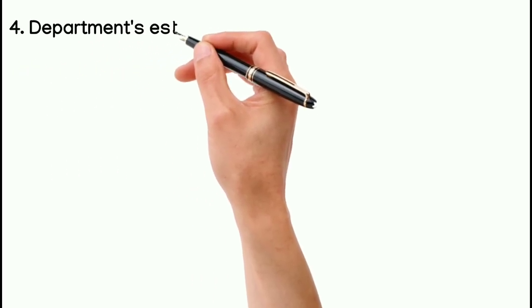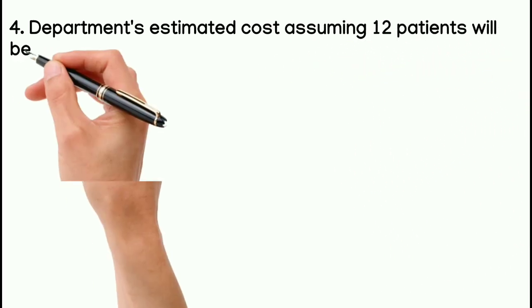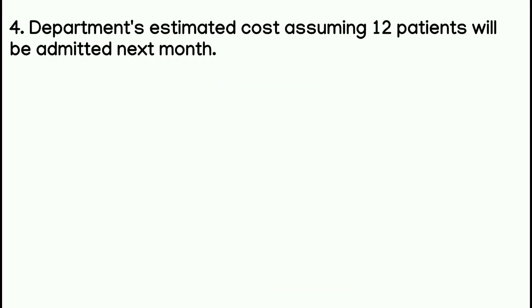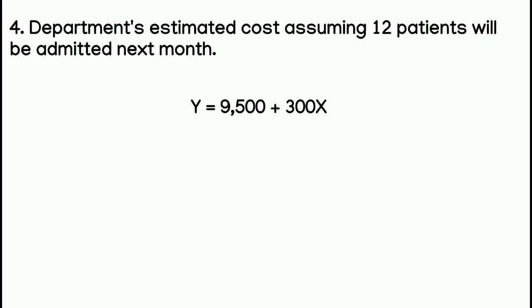Next, requirement number 4, department's estimated cost assuming 12 patients will be admitted next month. In order to answer this requirement, gagamitin natin yung monthly cost function. Ang monthly cost function ay y is equal to 9,500 plus 300x. Isa-substitute lang natin yung 12 sa x.